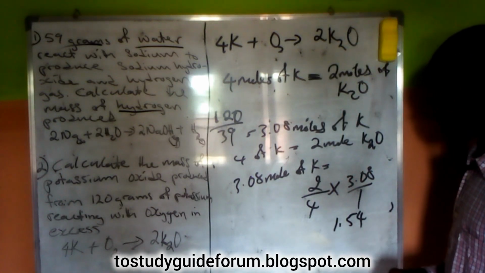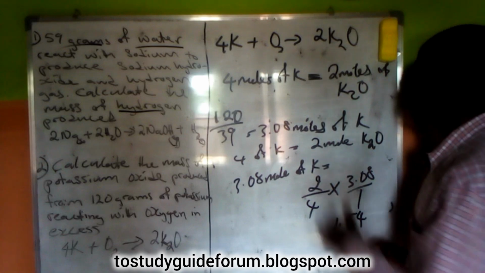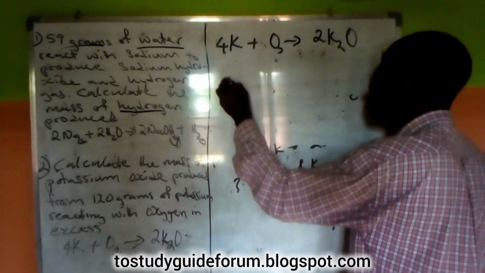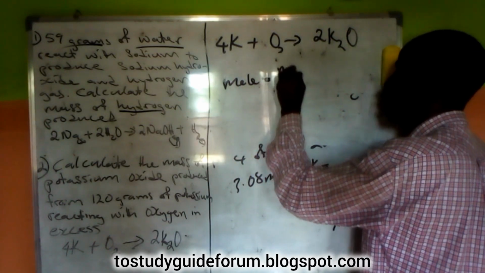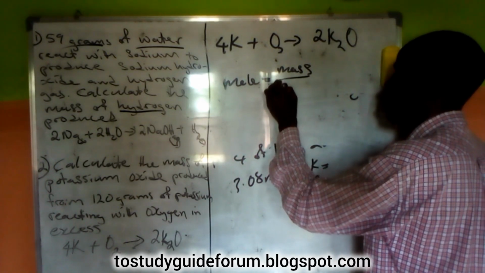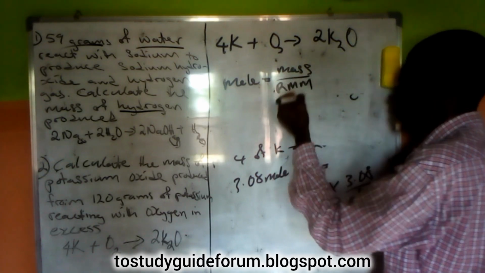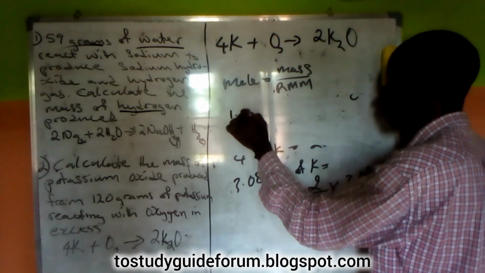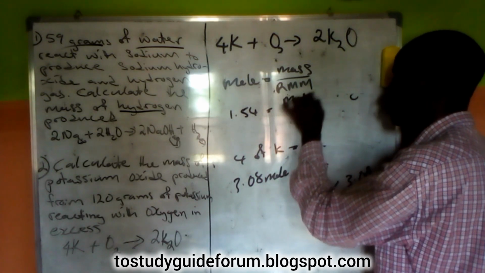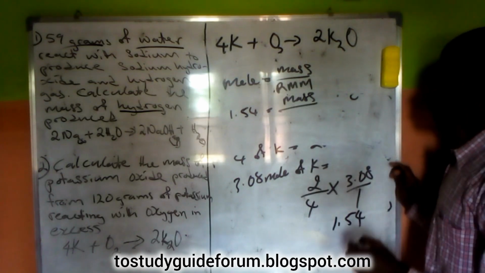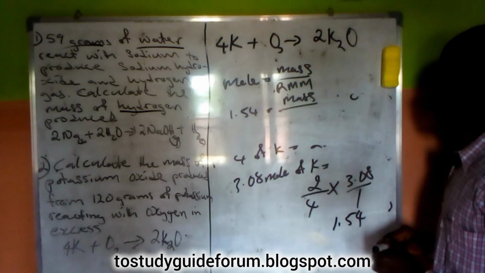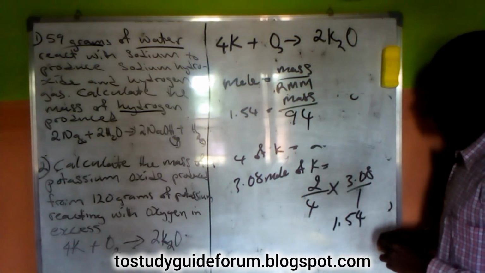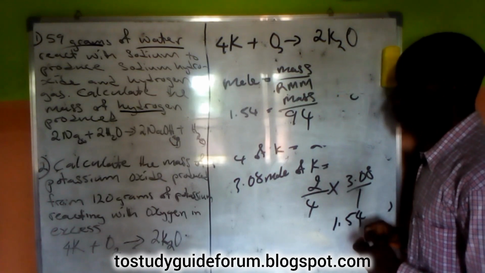Since we have 1.54 moles, then like we have done before, we know that mole is equal to mass over relative molecular mass, or molar mass, as the case may be. So we have our mole to be 1.54. Mass is what we don't know, and we know that the relative molecular mass of potassium oxide should be 94. So we multiply through.